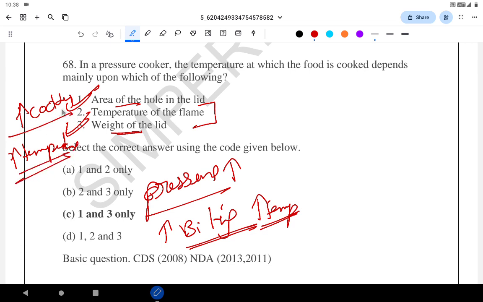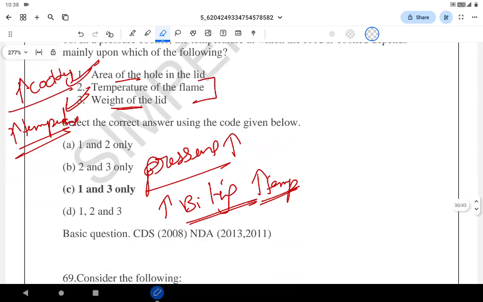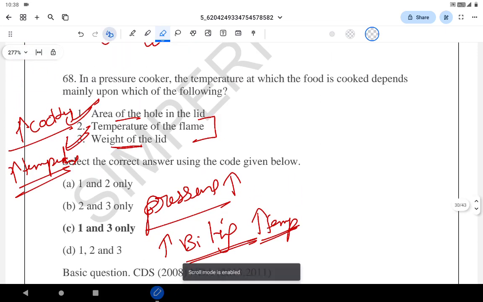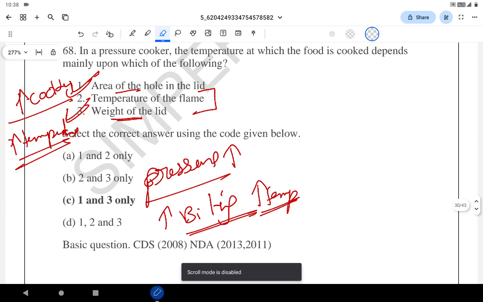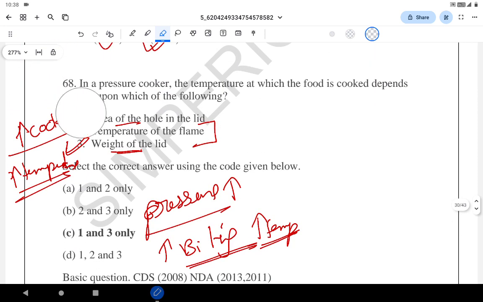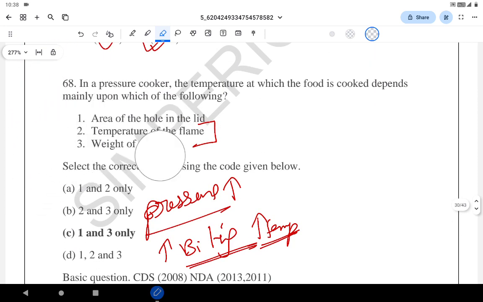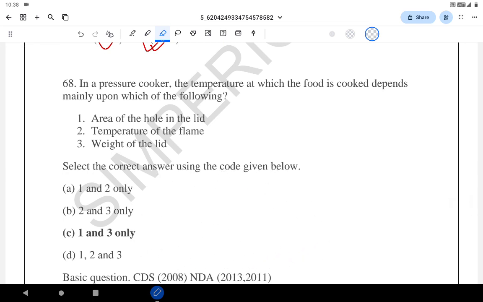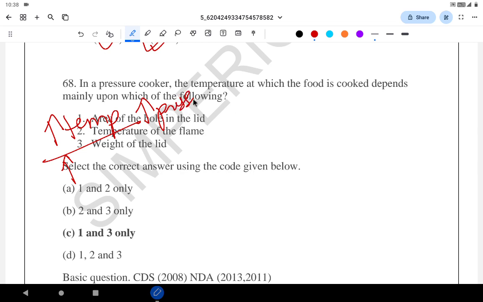Increasing temperature because of the increase in pressure, so the food cooks faster.